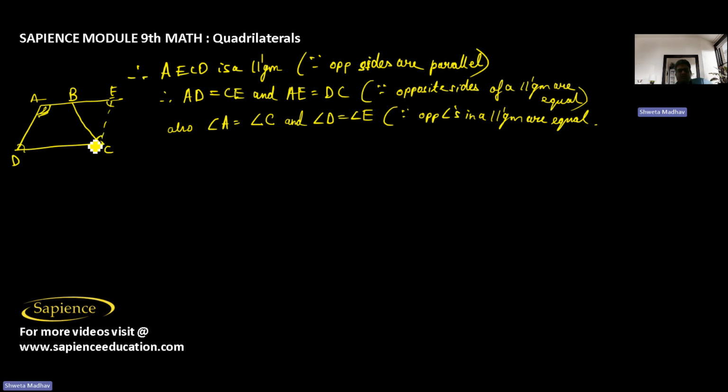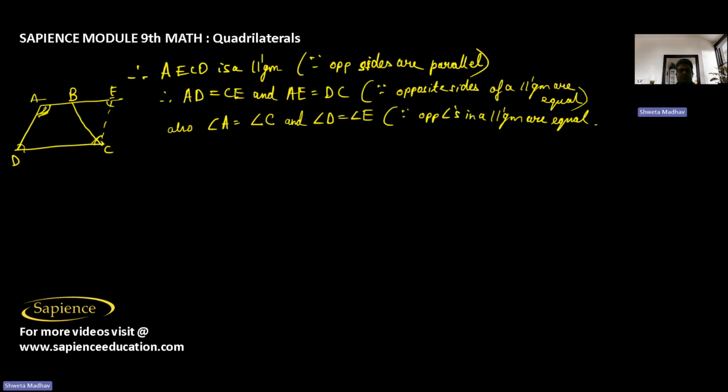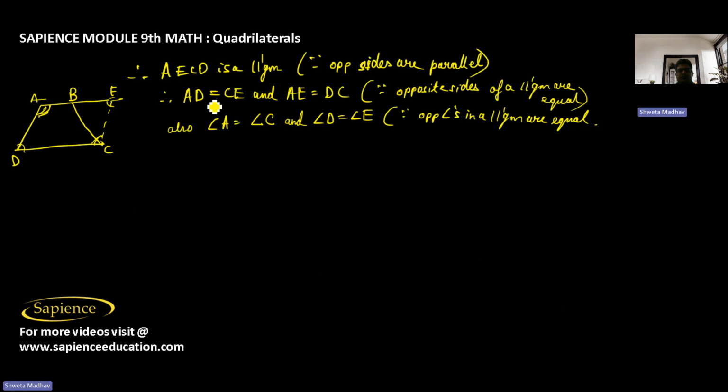Now this angle is equal to this angle. AD equal to BC has been told, and AB parallel to CD has been told. So now I can see that AD equals BC also, which is given.